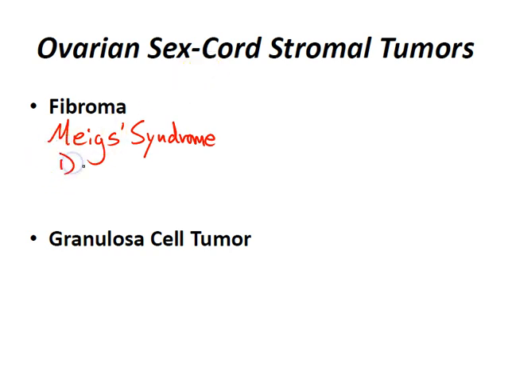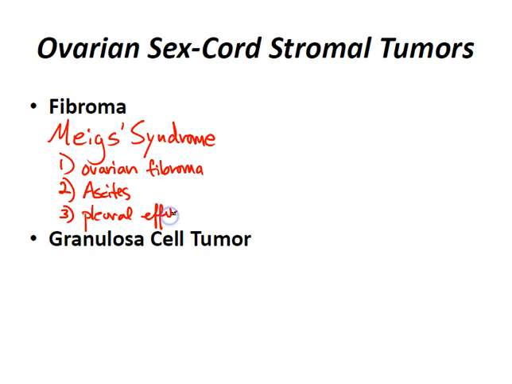Meigs syndrome has three things associated with it: ovarian fibroma, ascites, and pleural effusion. Meigs syndrome can present with a pulling sensation in the groin, so that's usually how they present. And that is a fibroma, a solid tumor of spindle-shaped fibroblasts.